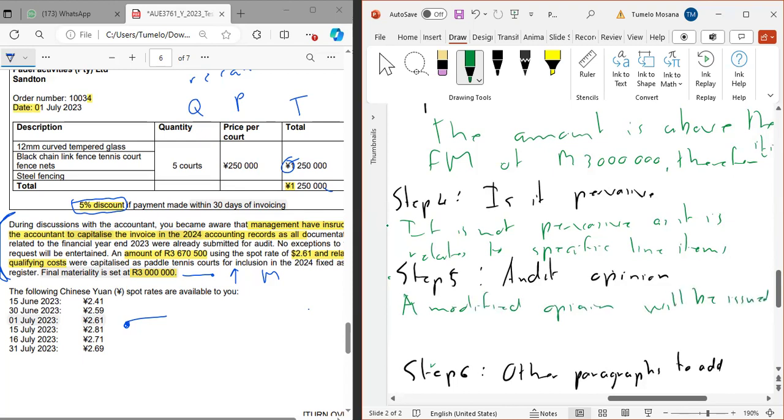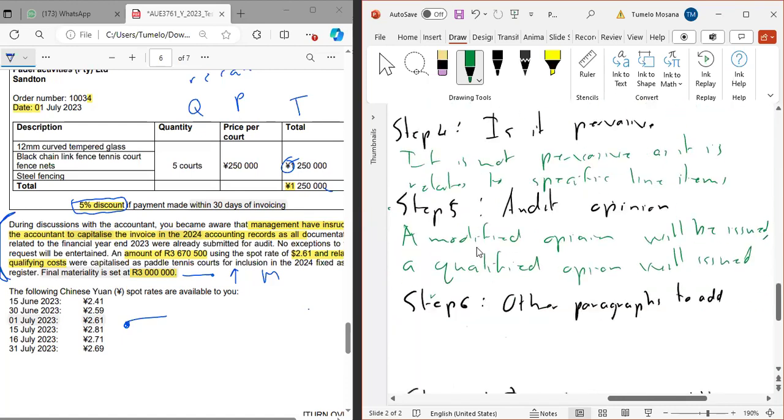What type of modified opinion will be issued? You could say a qualified opinion will be issued. Why? Because it is not pervasive, it is only quantitatively material. So it is qualified, right?